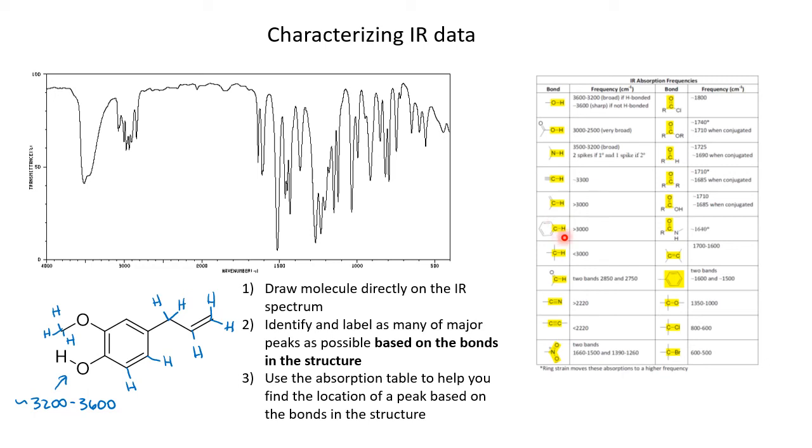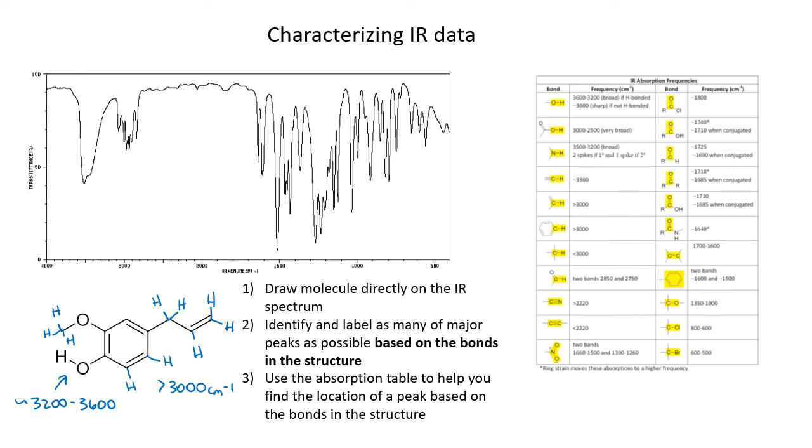Same down here, we've got a hydrogen bound to a carbon that's sp2 hybridized in a benzene ring. You'll notice that both of these bonds come out at the same place on the IR chart, just above 3,000. So we would expect to find some peaks greater than 3,000.